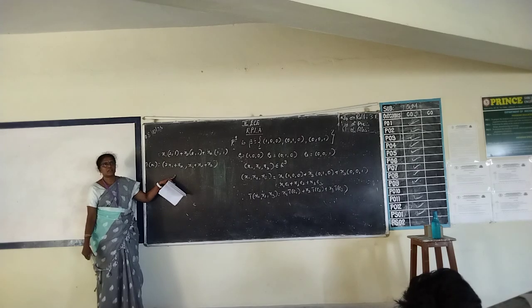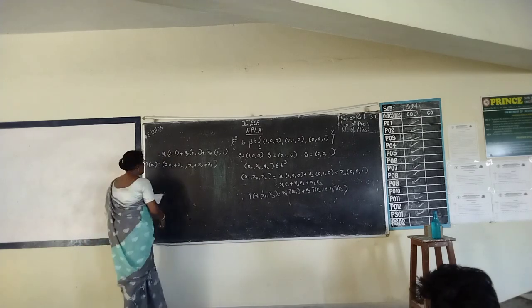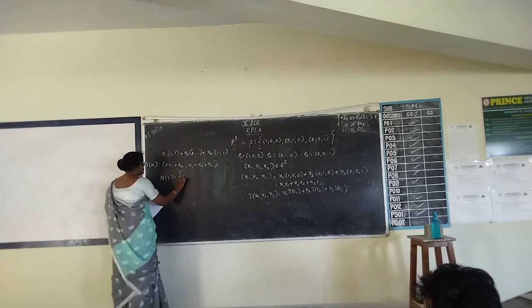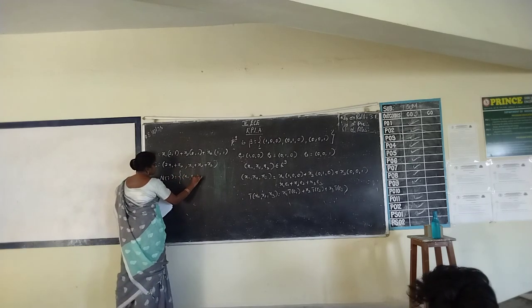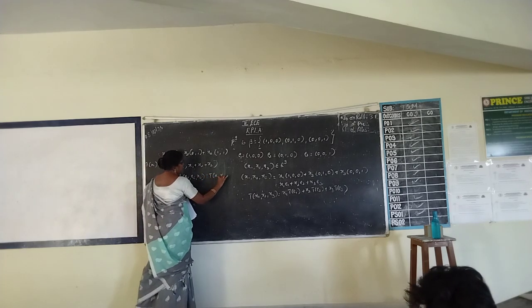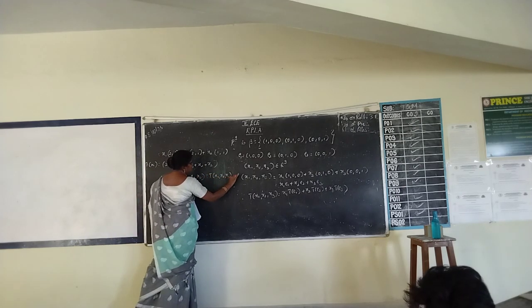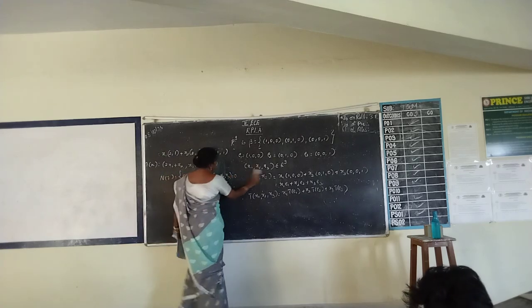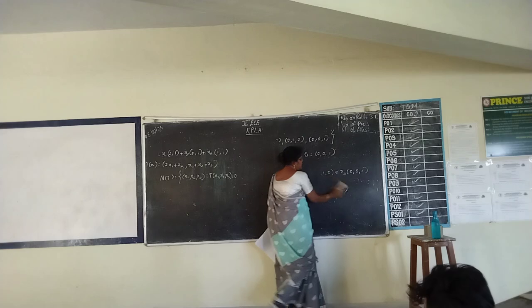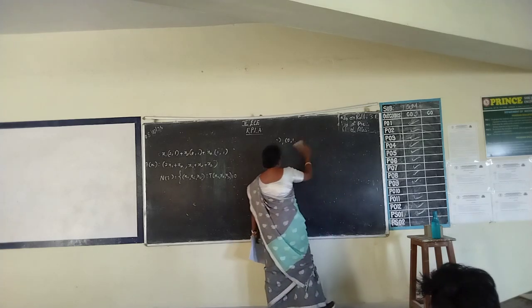Okay, right. N of T equal to the set of all ordered triples (x1, x2, x3) such that T of (x1, x2, x3) equal to 0. That is T of x. Here instead of a singleton element we are having an ordered triple.